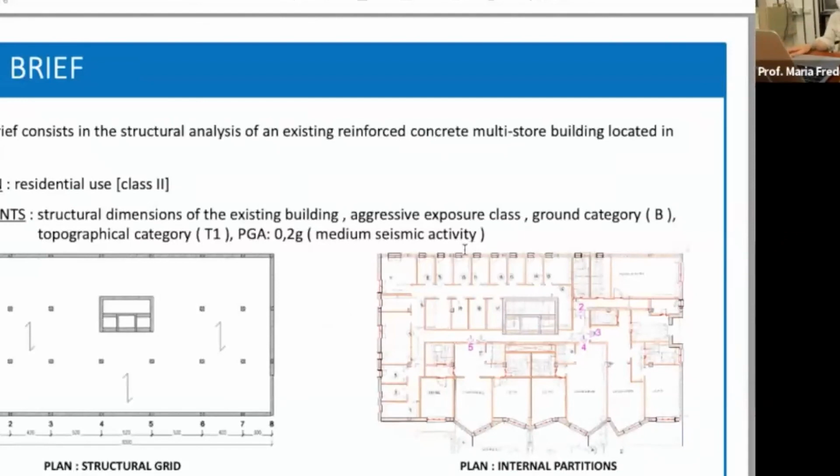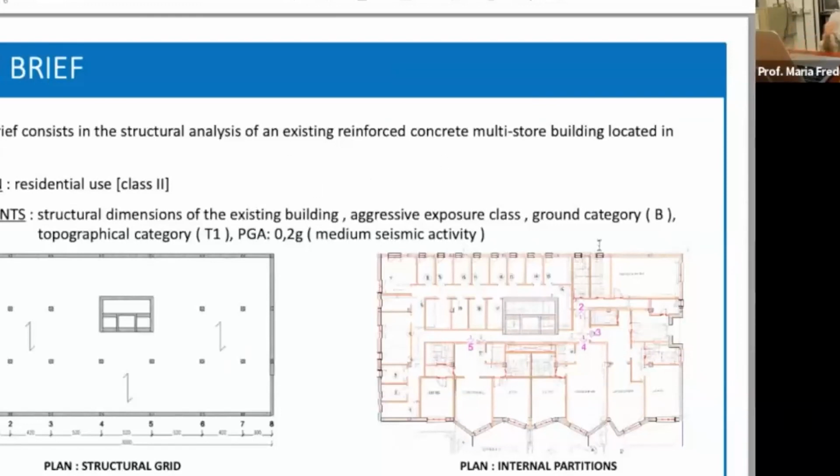The aggressive exposure class, the ground category and the topographical category, and also PGA. PGA is the peak ground acceleration and is 0.2 times g. g is 9.81 meters per square second, and means the medium seismic activity.